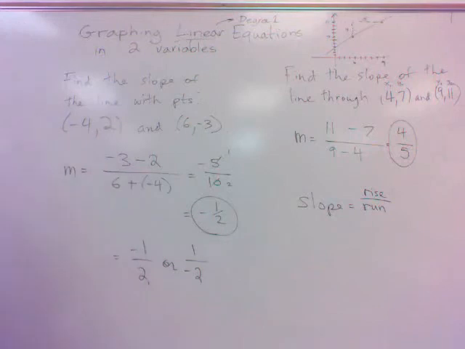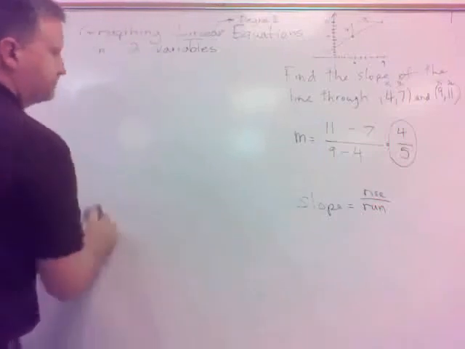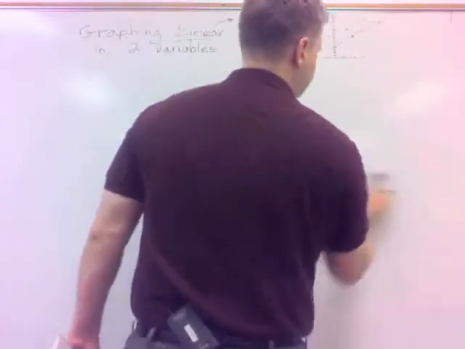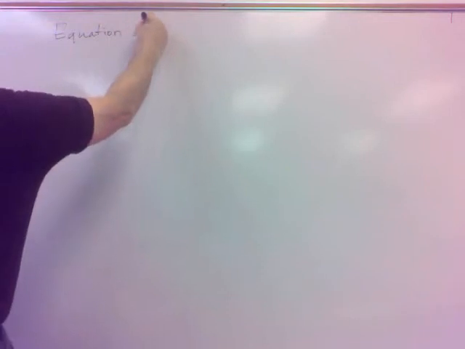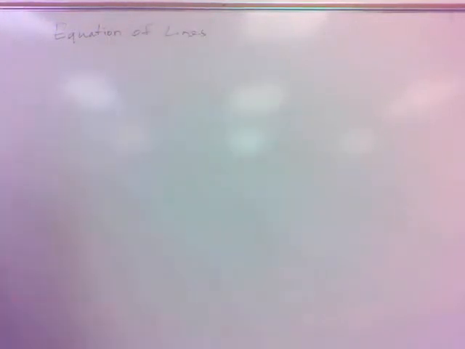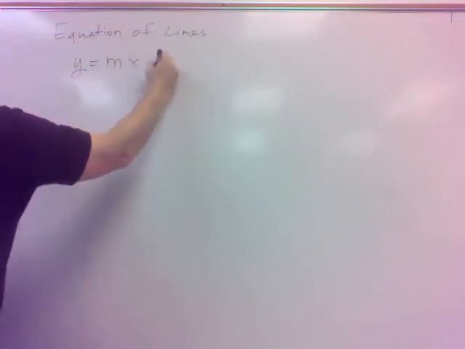So all that being said, let's go back to the equations of lines. Pretty much the most famous equation of a line is the so-called y equals mx plus b.